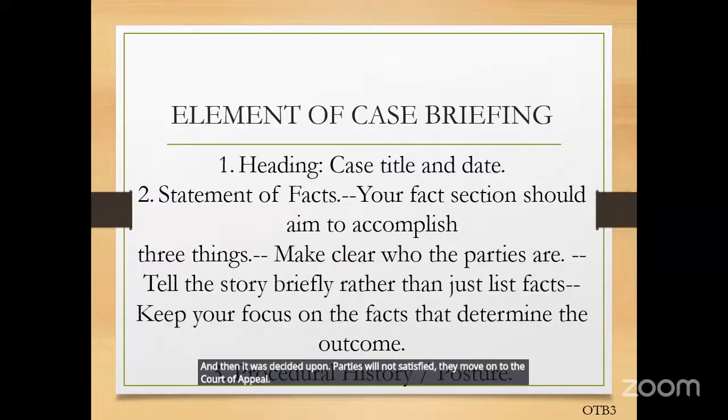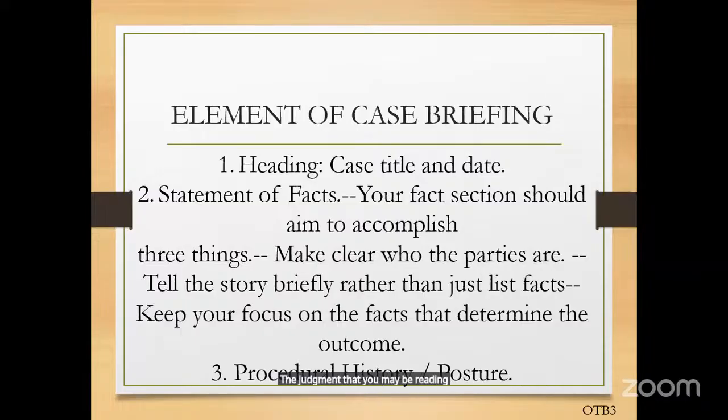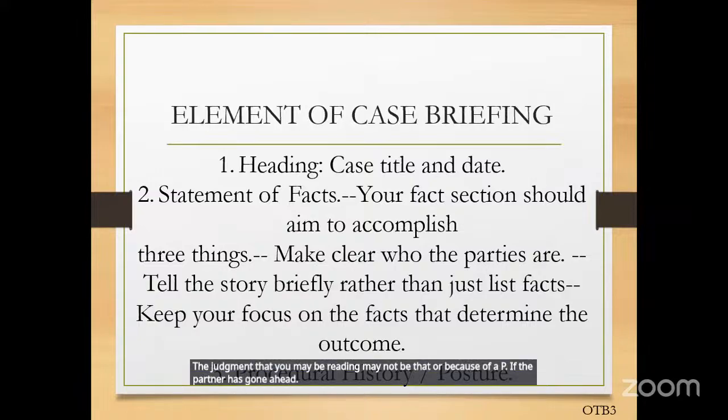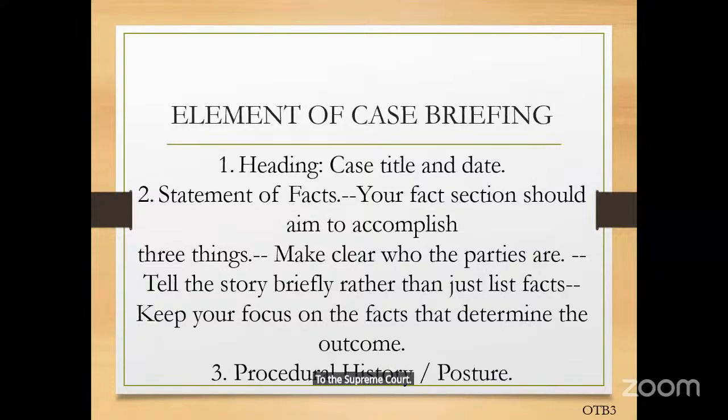The judgment that you may be reading may not be that of the Court of Appeal if the matter has gone ahead to the Supreme Court. So it is important to know the history, how it has moved, and what each of those courts decided.